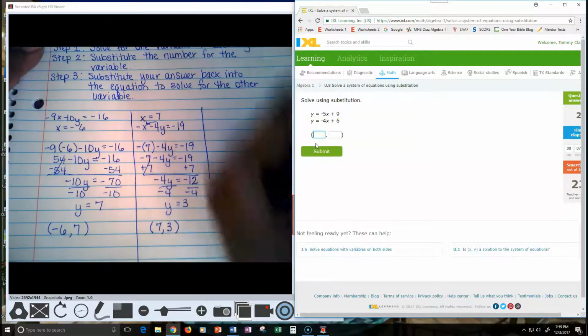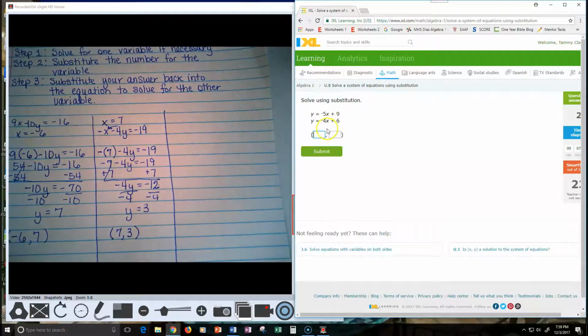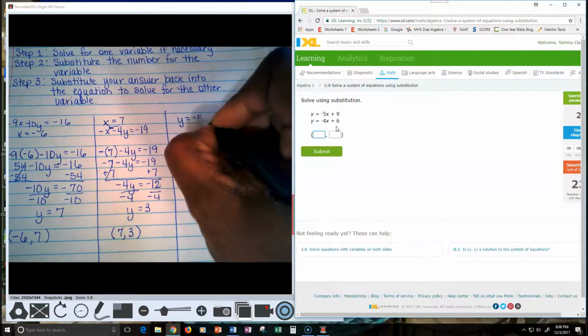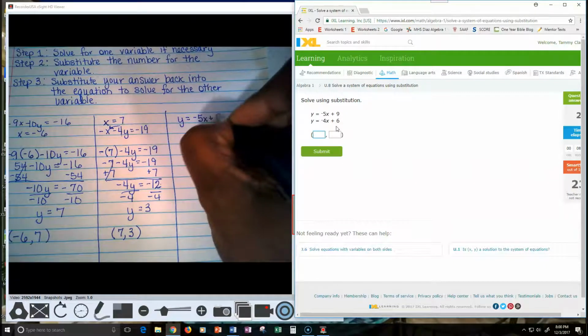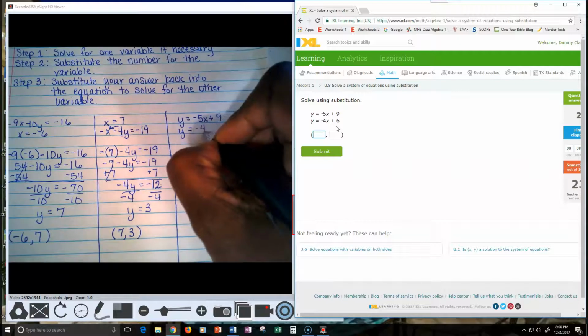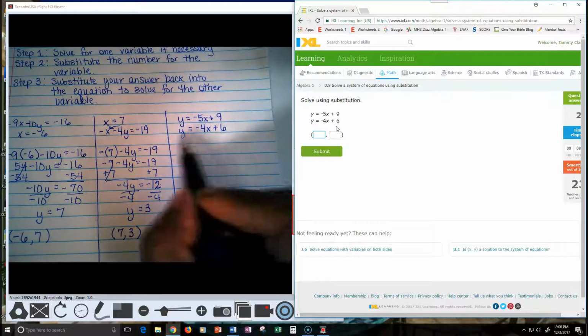All right. So this time we have y is equal to negative 5x plus 9, y is equal to negative 4x plus 6. Now this one's a little bit different because we have y is equal to two things. When y is equal to one equation and y is equal to another equation, you can actually substitute what y is equal for.